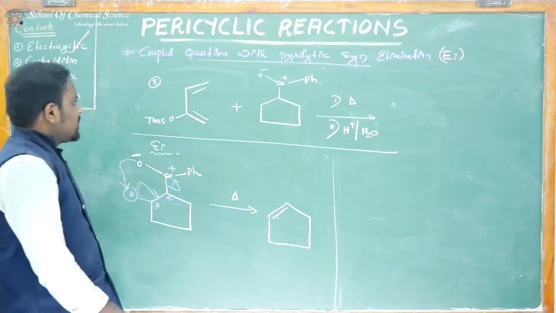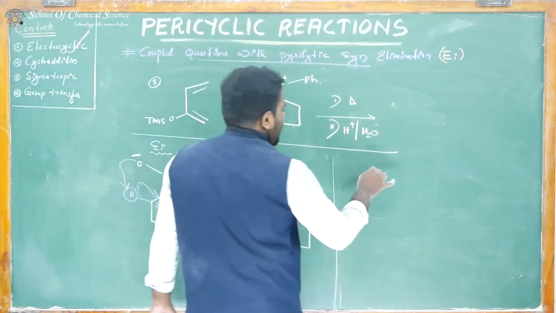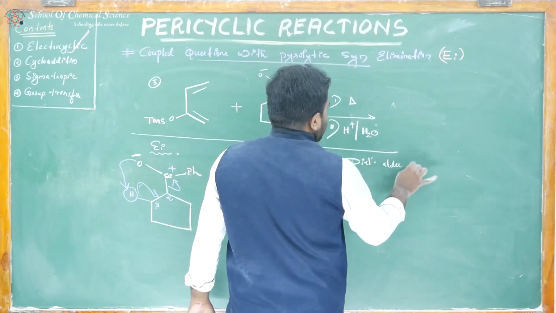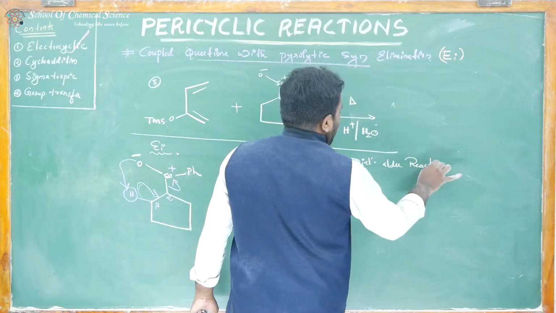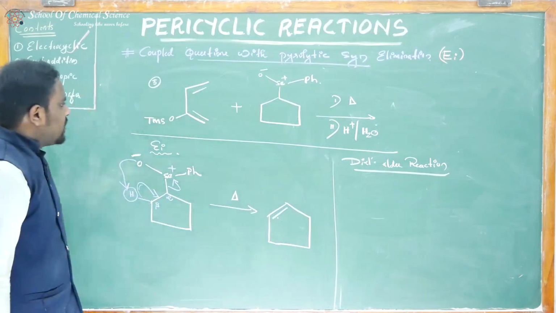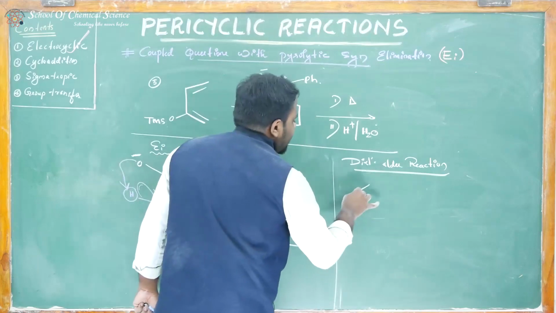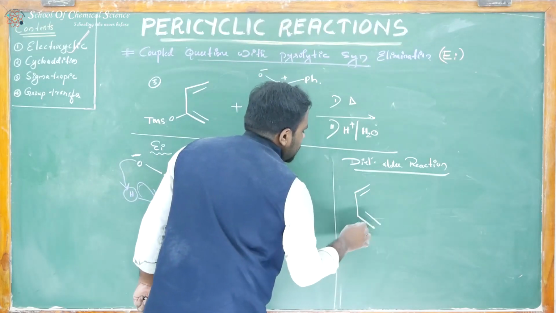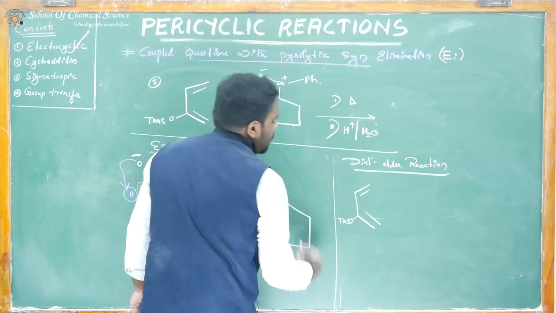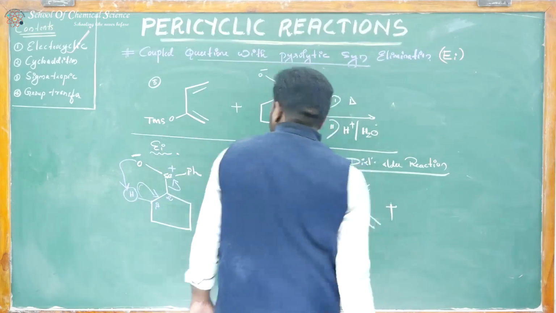Then in the next step, Diels-Alder reaction, or the 4+2 cycloaddition reaction. So you have a diene, and this diene contains OTMS.